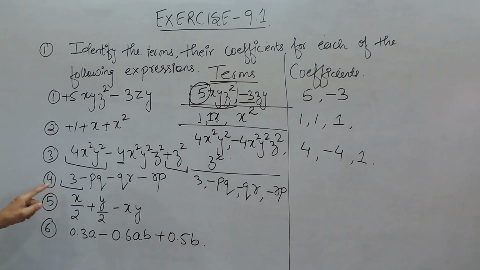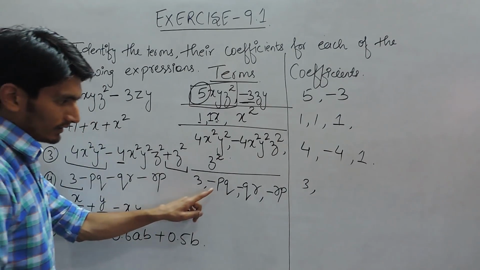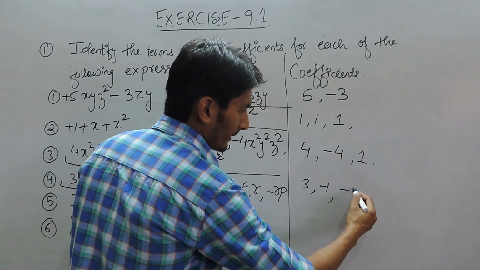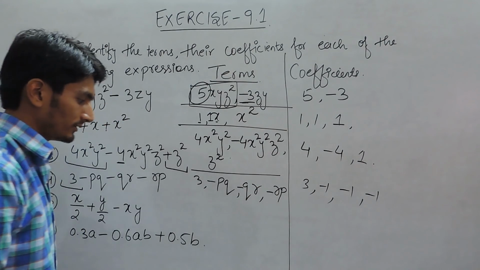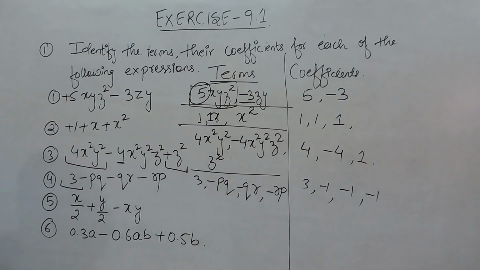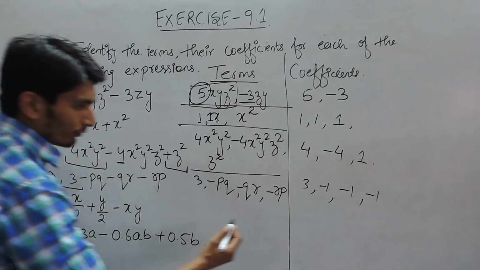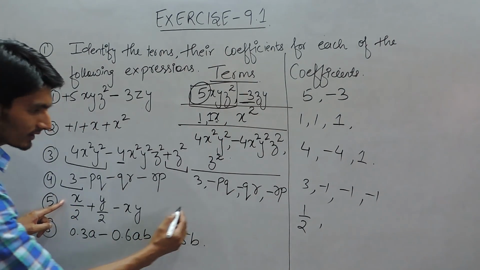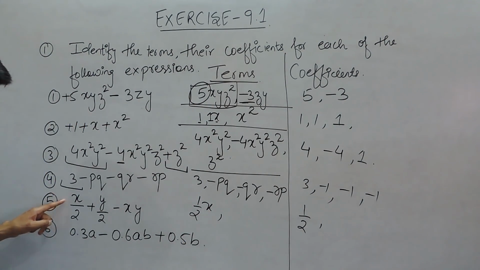In question number 4 again, in the first term 3 is the coefficient, in the second term minus 1 is the coefficient, in the third one again minus 1 is the coefficient, and the last one minus 1 again is the coefficient. Same case you can solve the rest of the questions. In question number 5, 1 upon 2 should be the coefficient, because if you write the terms it can be written as 1 upon 2x, this should be the first term.